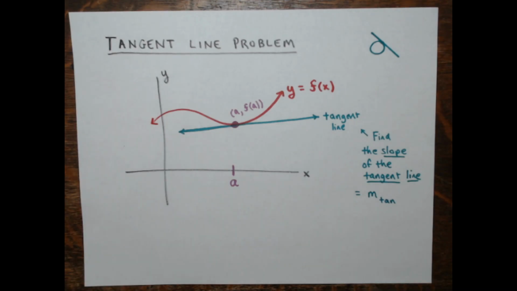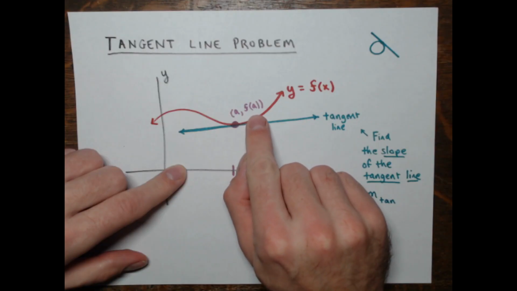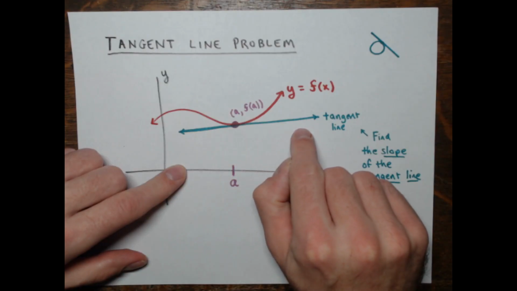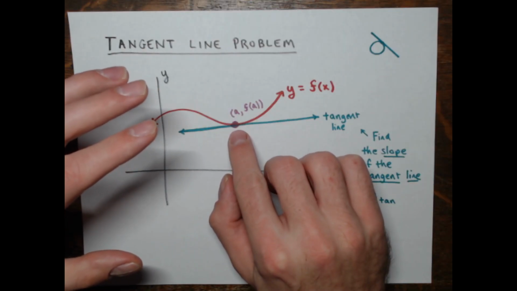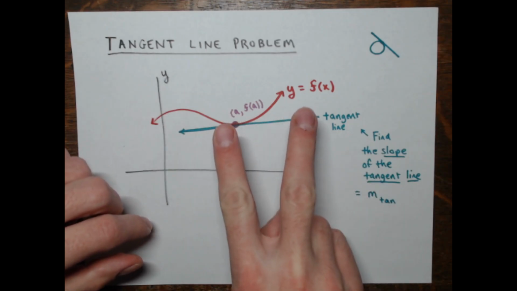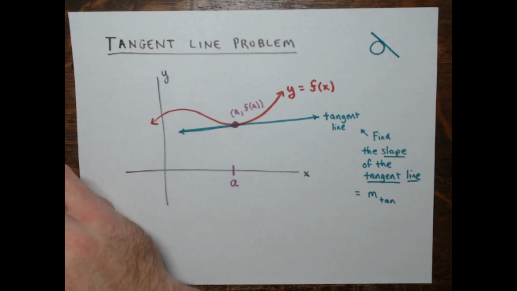Now here's the big issue with this. I know that this point, this a comma f of a, is on this line. But remember, to find the slope of a line, you need two points, not just one. So this is tough, right, at the moment.